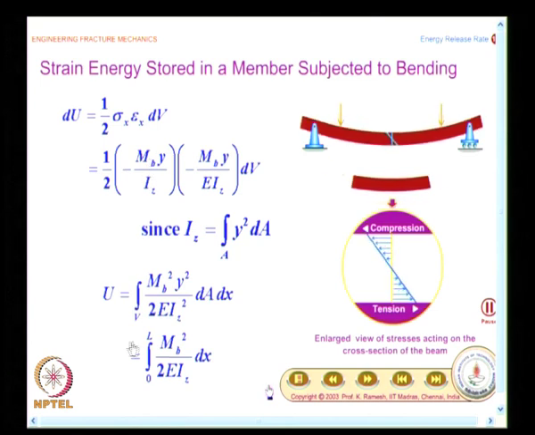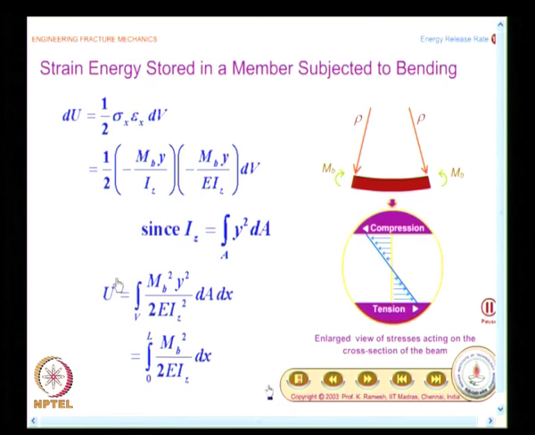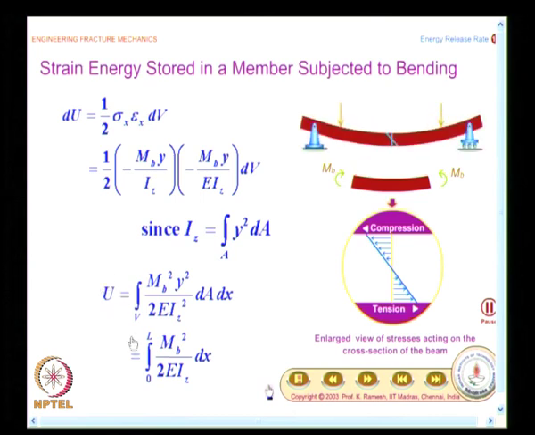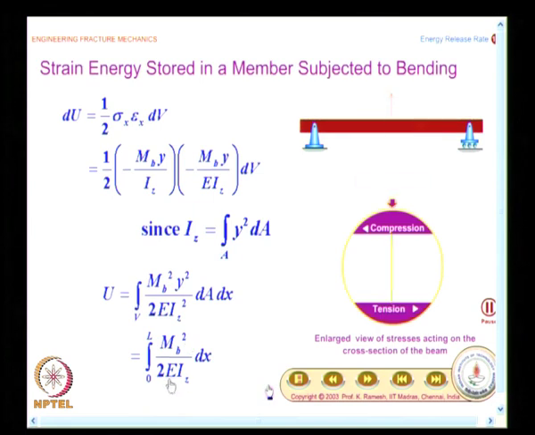So, what you finally get is strain energy stored in the member due to bending is integral 0 to L m b squared over 2 E I z into dx.